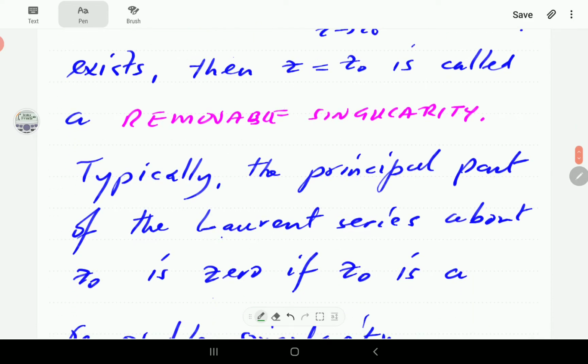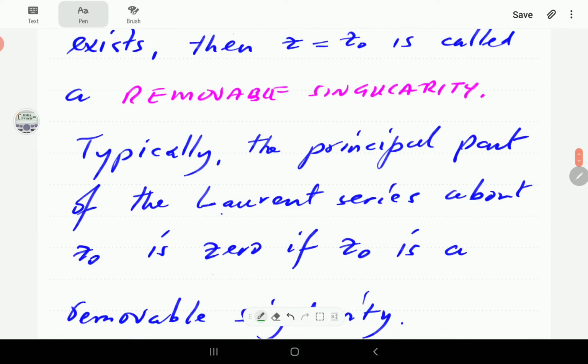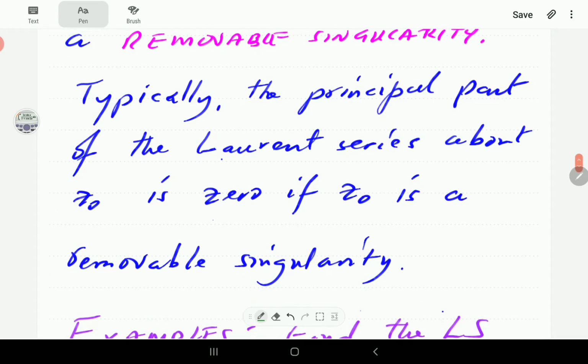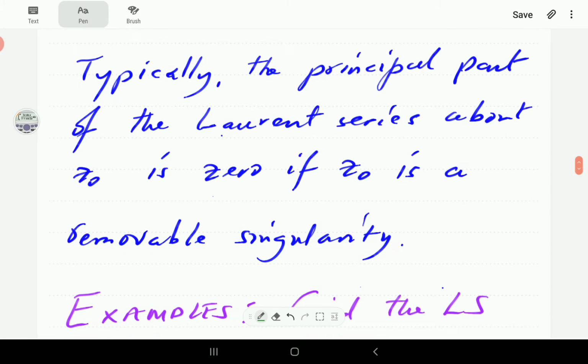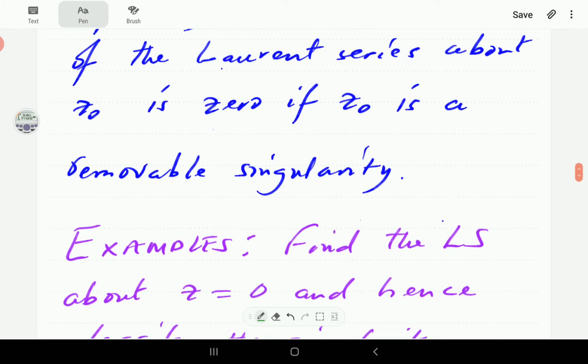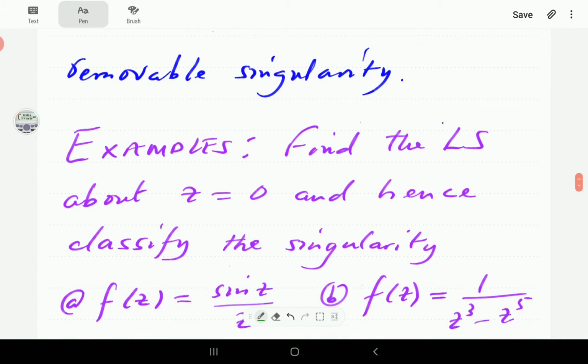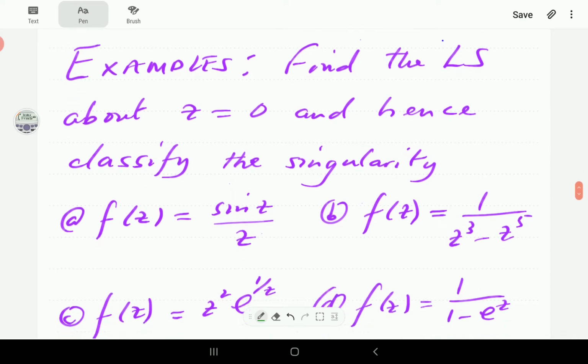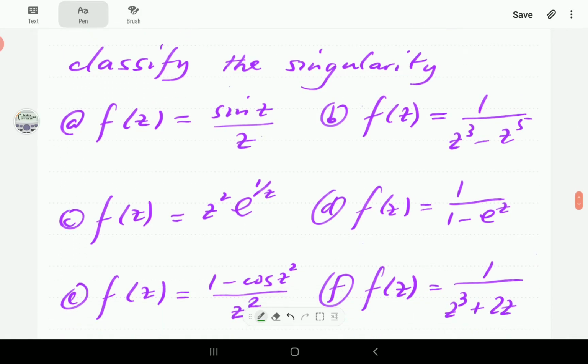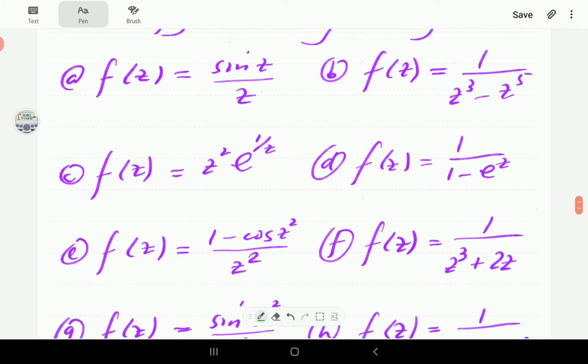Typically, if z0 is a removable singularity, then the principal part of the Laurent series is going to be 0. So there are not going to be any negative terms in the Laurent series of f, which is centered at z0. Okay, so let's have a look at a few examples to see how this works.